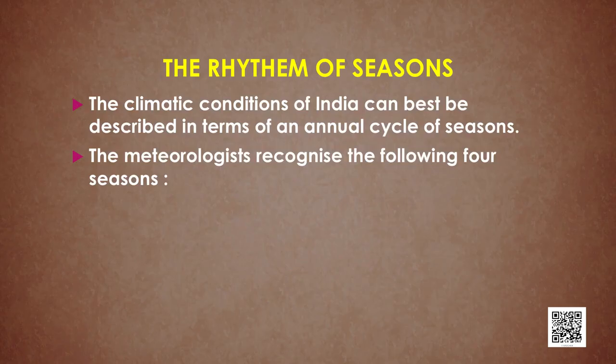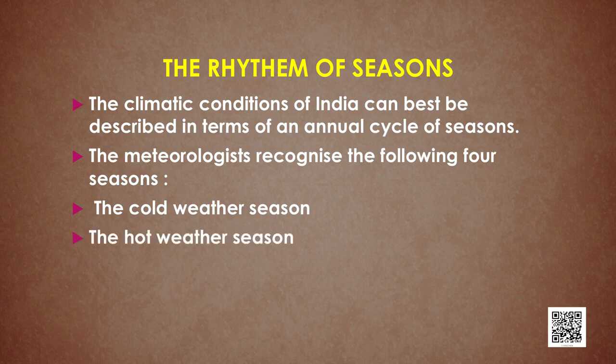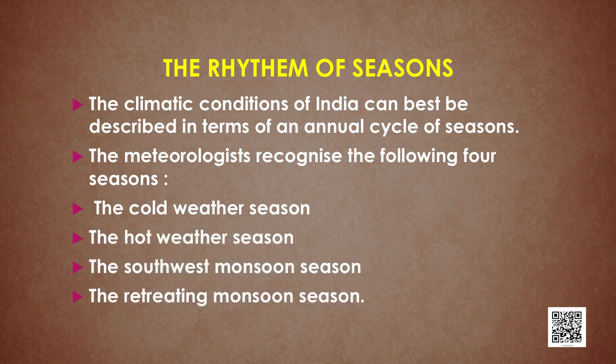For this, we have to understand the rhythm of seasons. In the next class, I will be explaining the four seasons of India. The meteorologists recognize four seasons in India. These four seasons are the cold weather, the hot weather, the southwest monsoon and the retreating monsoon season.